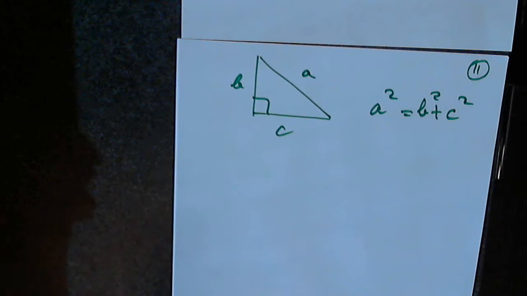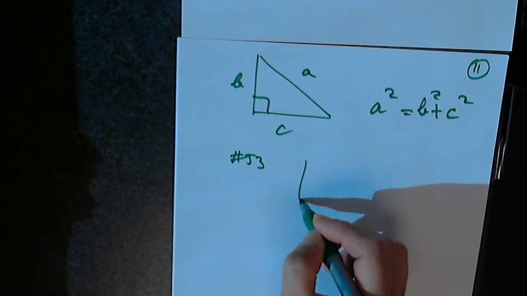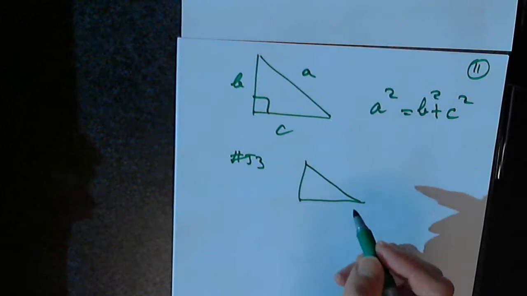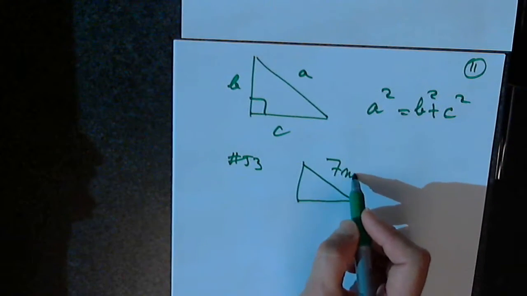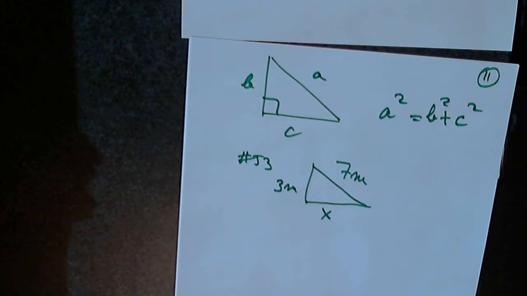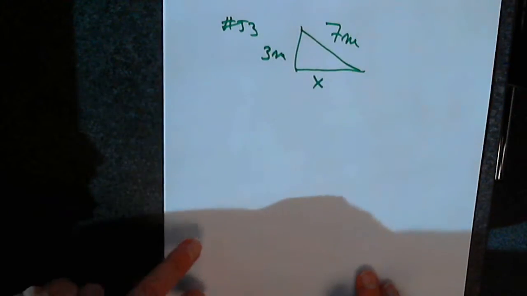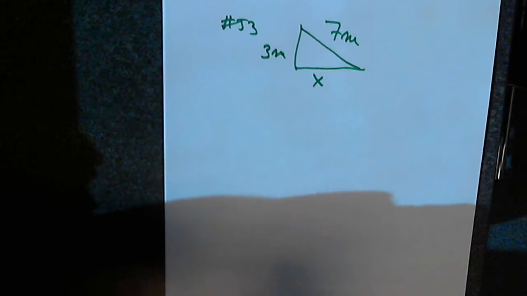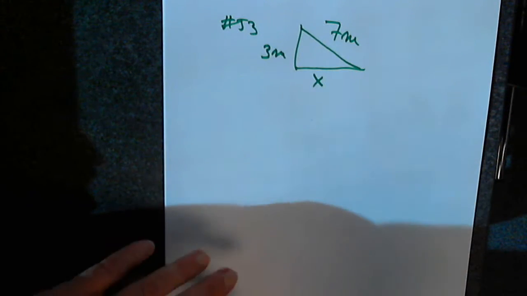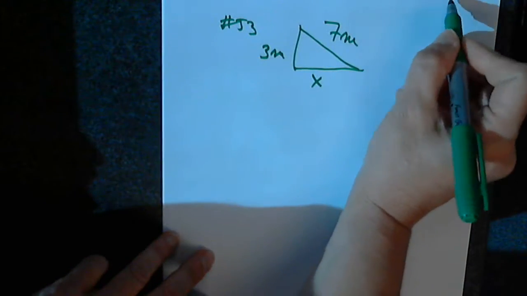So, for example, in 53, we have a right triangle. We are told that the hypotenuse is 7 meters. One leg is 3 meters, and we are asked to find the other leg. So can anyone dictate the equation? 3 squared plus x squared. That's fine. You can write it from this side or from that side.